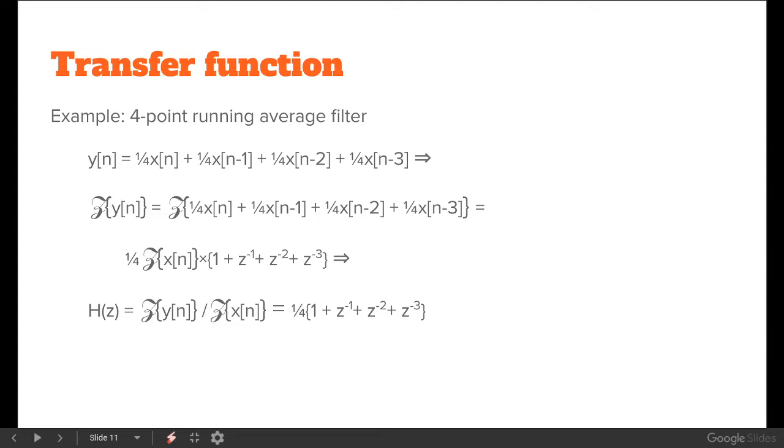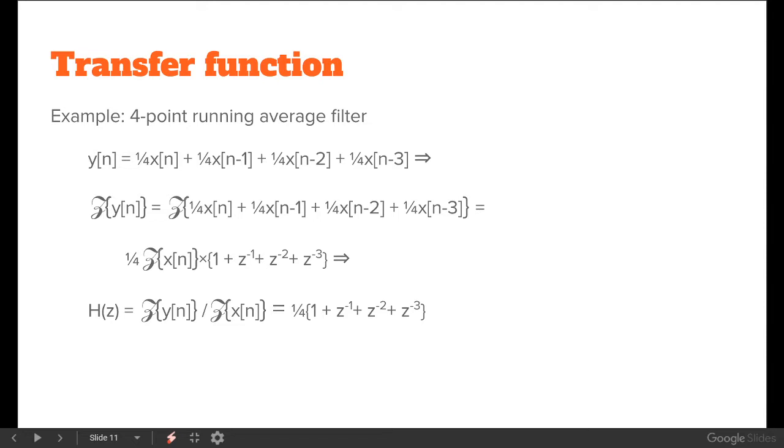So yes, if you compare this one with the difference equation, in this formula we have this is b0, this is b1, b2, b3.